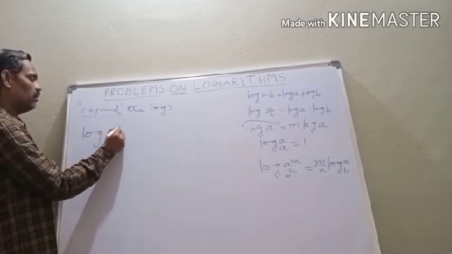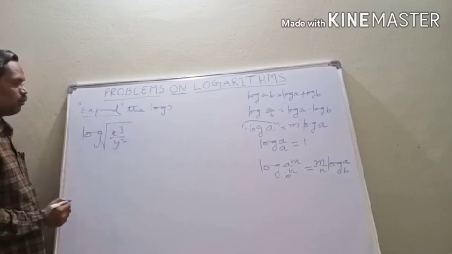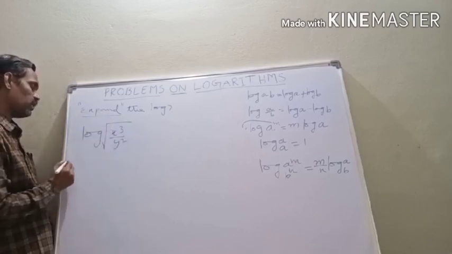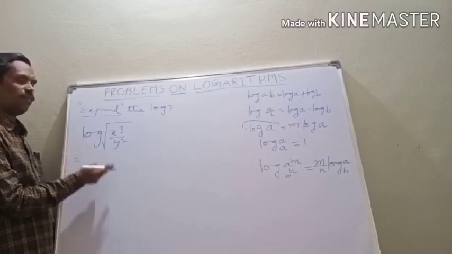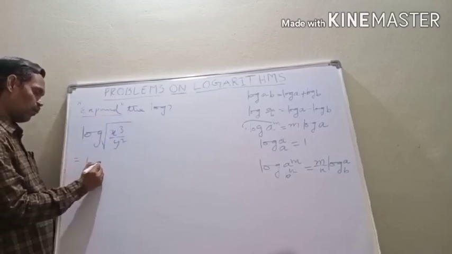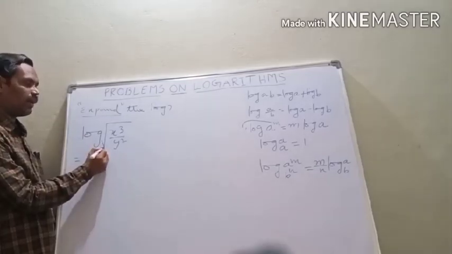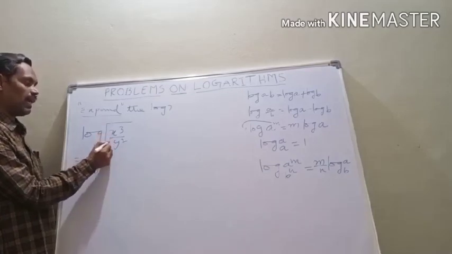Expand log root of x cube by y square. Before splitting into different logs, we have to simplify the function first of all. How can we simplify? This square root can be applied to the numerator as well as the denominator.